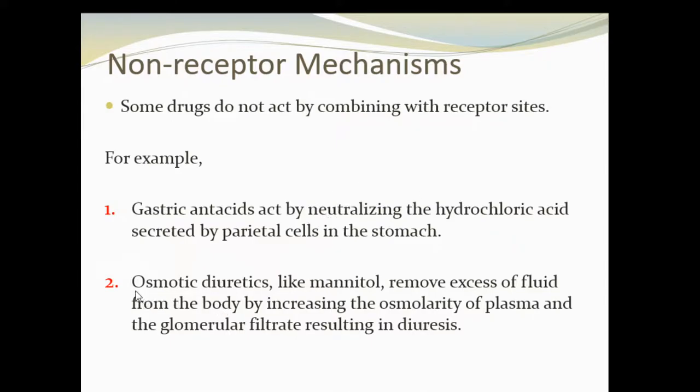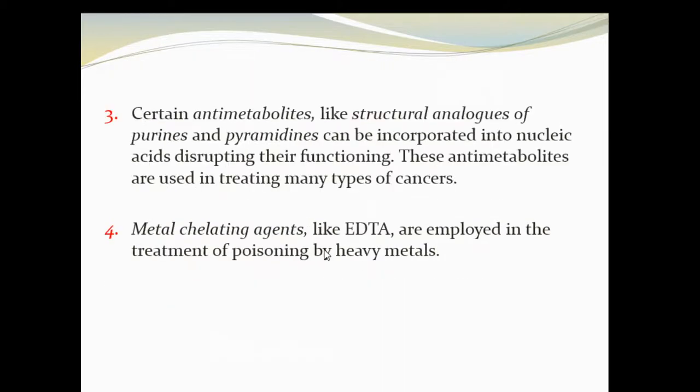Next example is osmotic diuretics like mannitol, which remove excessive fluid from the body by increasing the osmolarity of plasma and the glomerular filtrate, resulting in diuresis. So this is because of the increase in osmolarity. Third one, certain antimetabolites like structural analogues of purines and pyrimidines are incorporated into the nucleic acids, disturbing their functions.